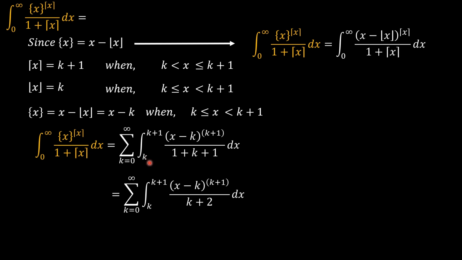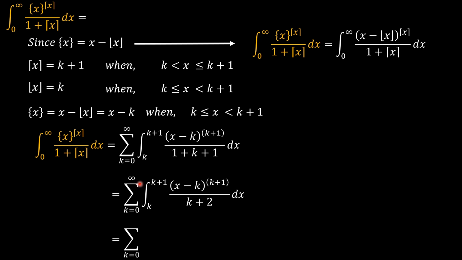So between k and k plus 1, our integrand is x minus k to the power k plus 1 over 1 plus k plus 1, which is x minus k to the power k plus 1 over k plus 2, integrated from k to k plus 1. And then we sum it up from k equals 0 to k tending to infinity.